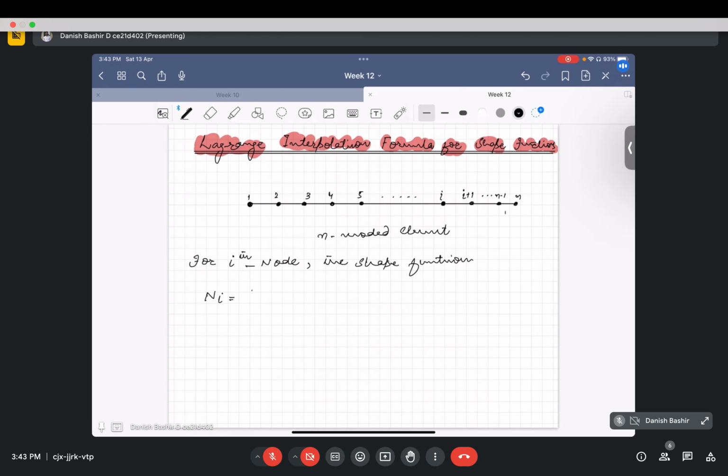Ni is equal to x minus x1, x minus x2, up to x minus xi minus 1, but there should not be xi. Okay, x minus xi plus 1. You people can easily see that I skipped x minus xi here.